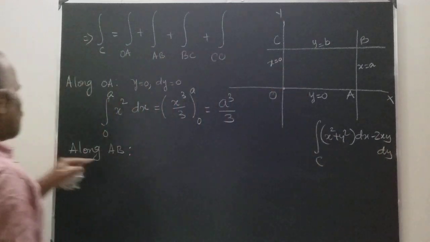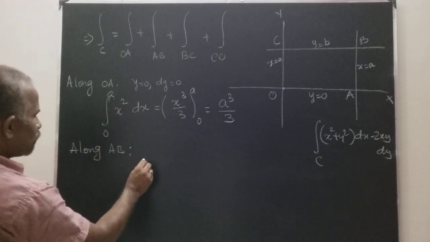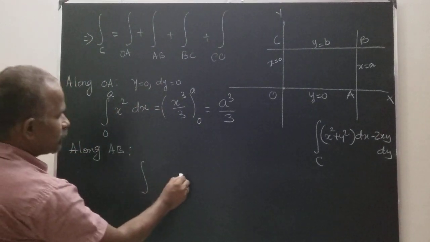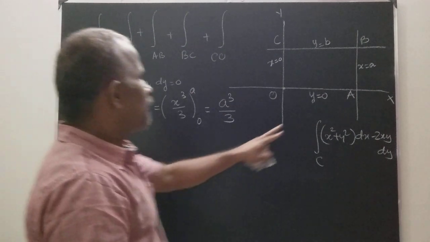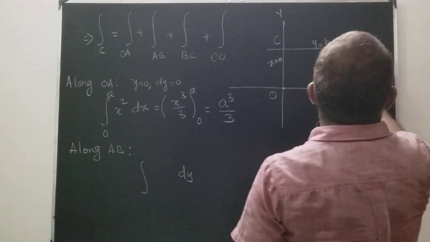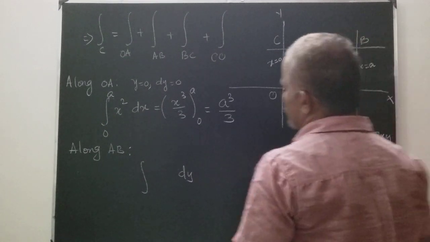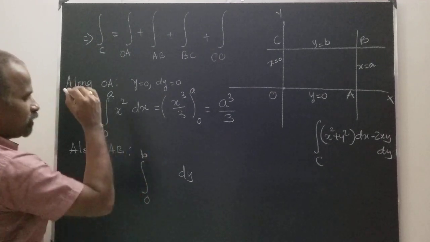Okay, so along AB, x is constant, y varies from 0 to b.